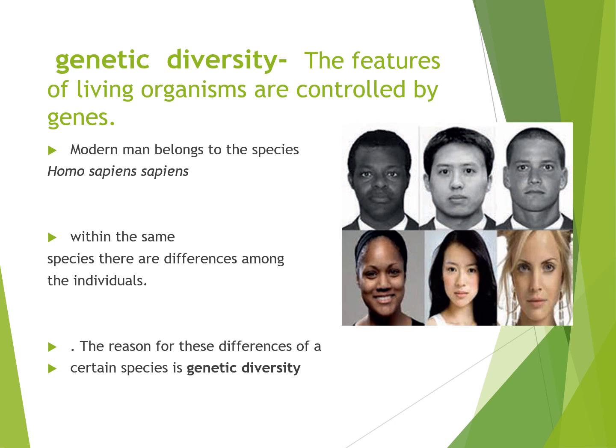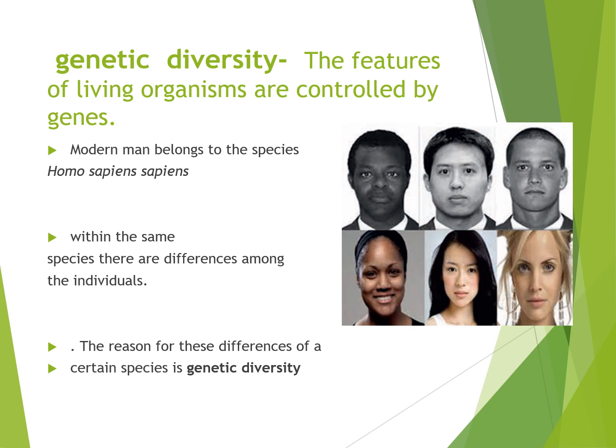So what is the reason for this genetic diversity? The features of living organisms are controlled by their genes. Because they have different gene types, they show different characteristic features that are unique for the individual.